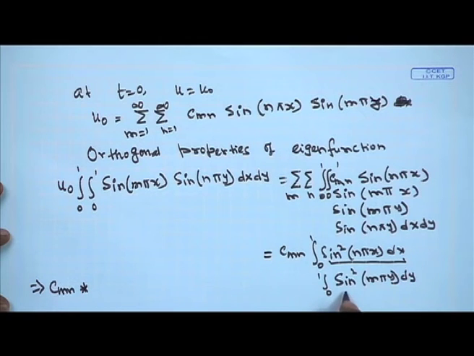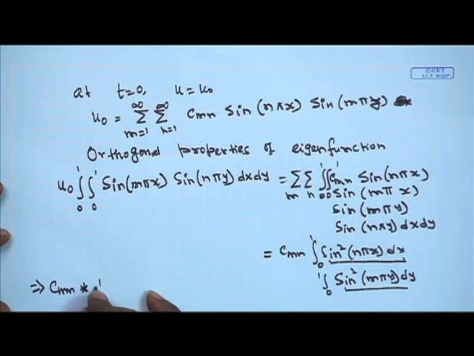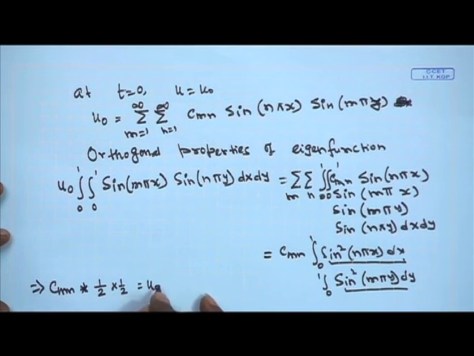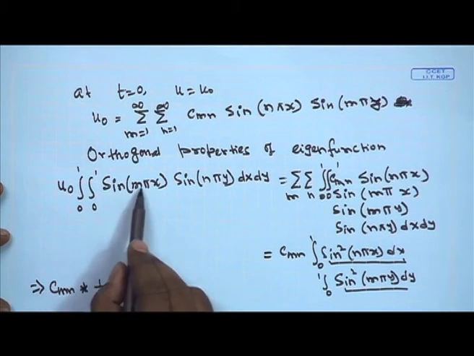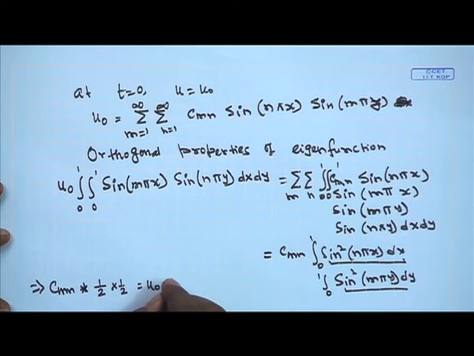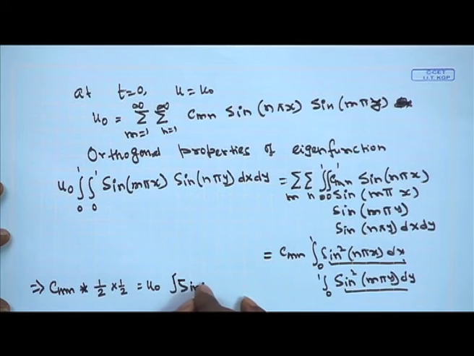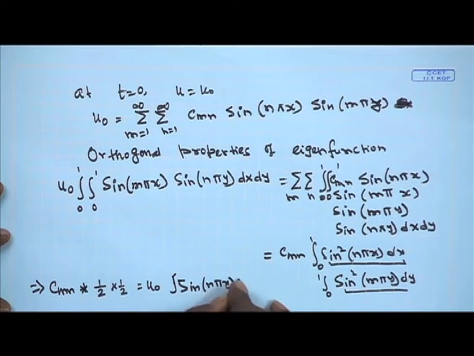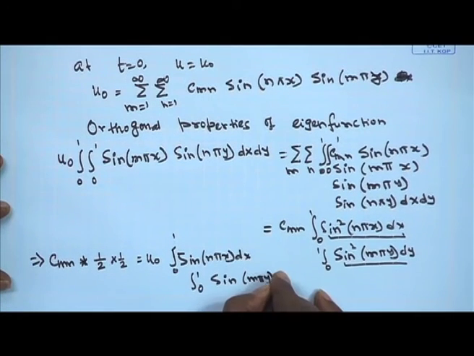As we have seen earlier, this will be equal to half, and this will again be half. So, it will be 1 by 2 into 1 by 2 is equal to u naught integral sin n pi x dx 0 to 1 times integral 0 to 1 sin m pi y dy.